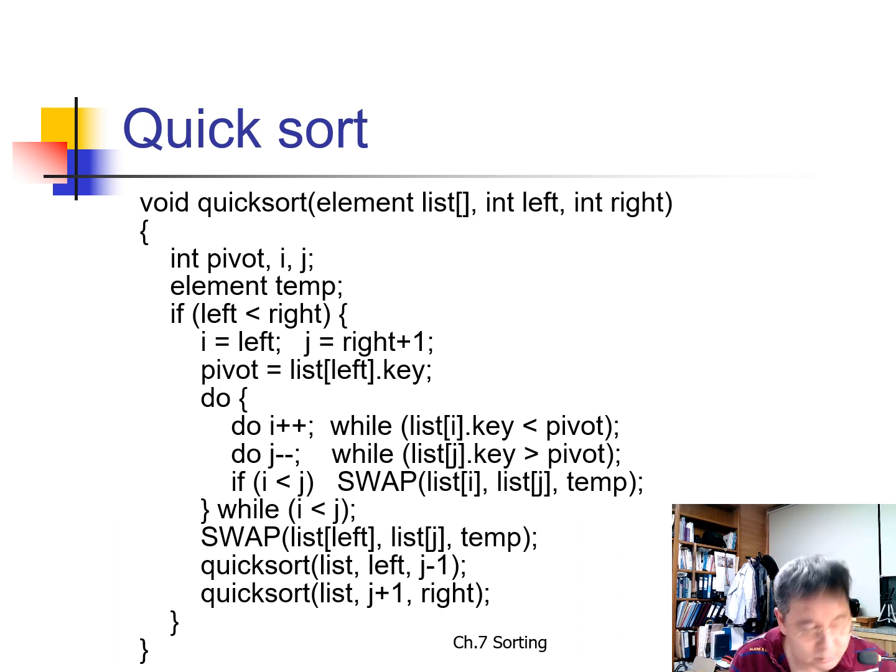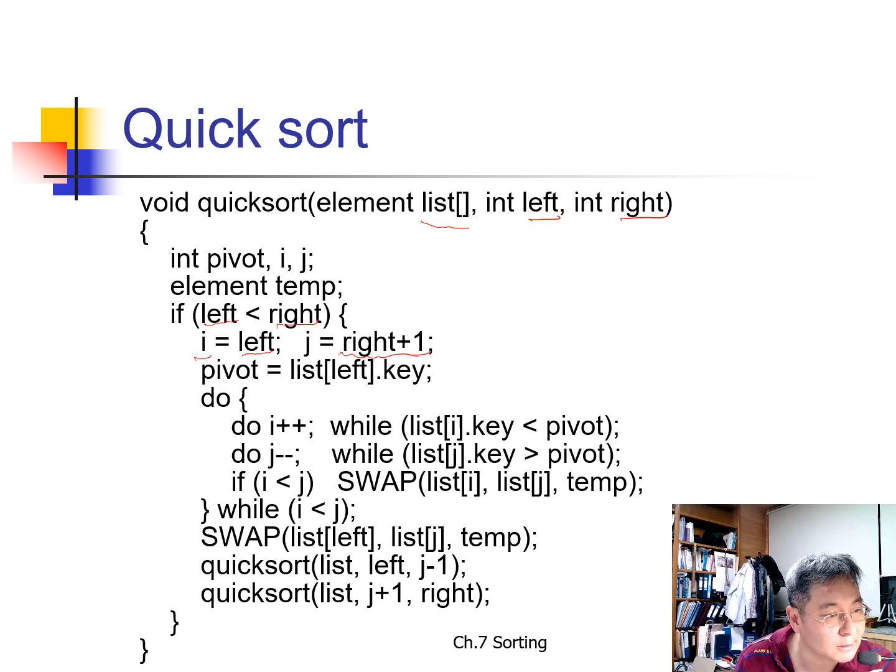This quick sort takes as input parameters a data set, and the left and right indexes. We compare left and right. If left is smaller than right, the I value is set to left, and the J value is set to right plus 1.